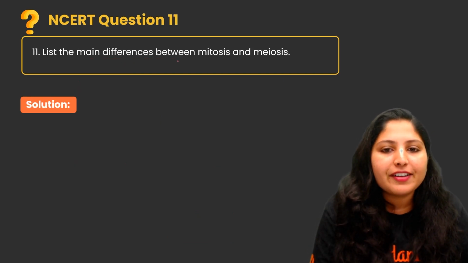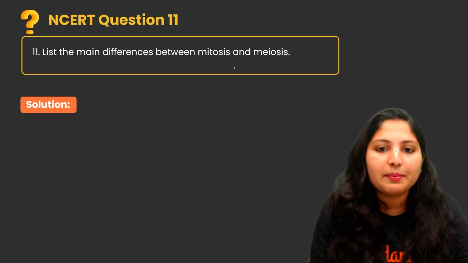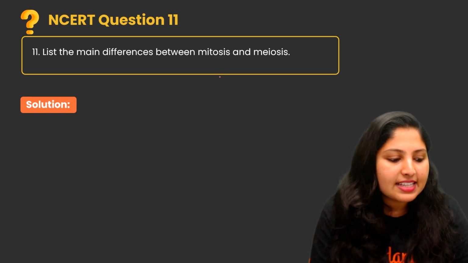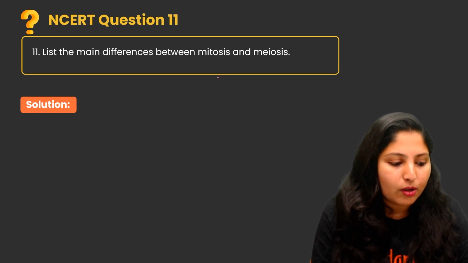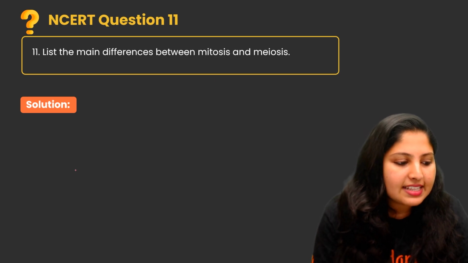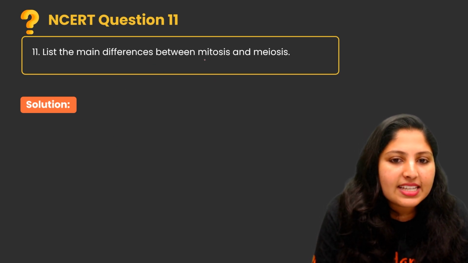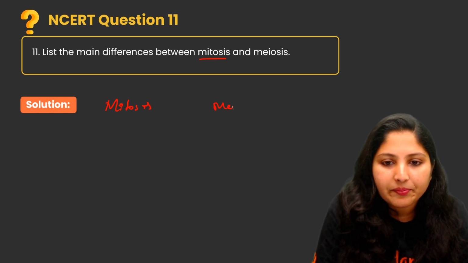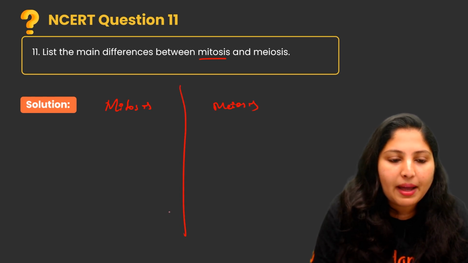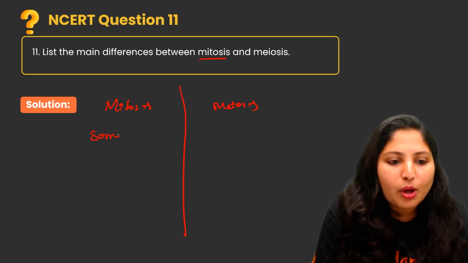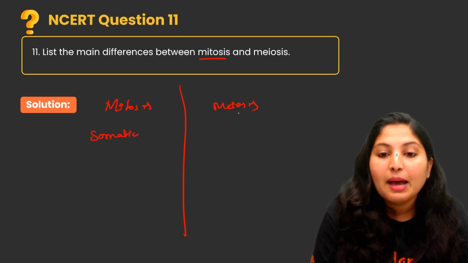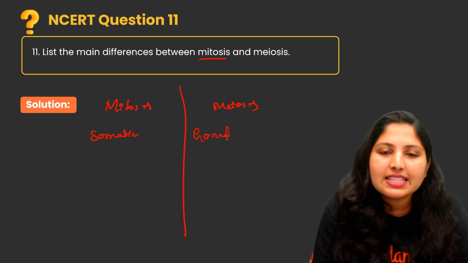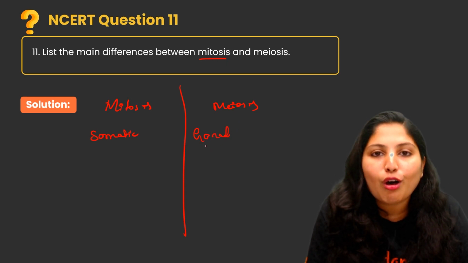List the main difference between mitosis and meiosis. Let's discuss the differences. First, mitosis happens in the somatic cells, but meiosis happens in gonads, that means testicles or ovary.